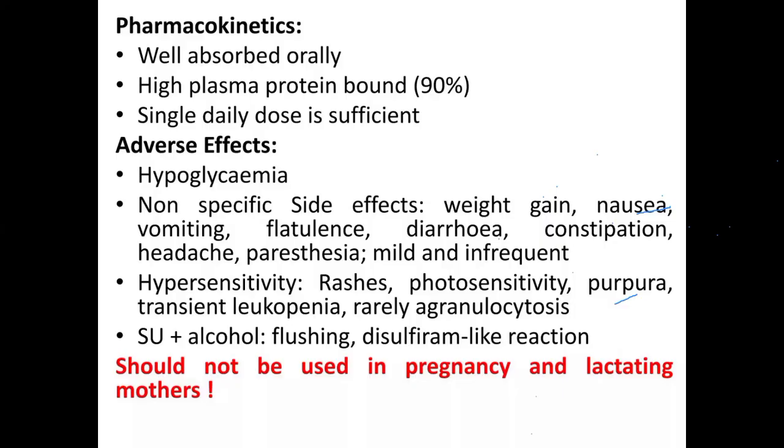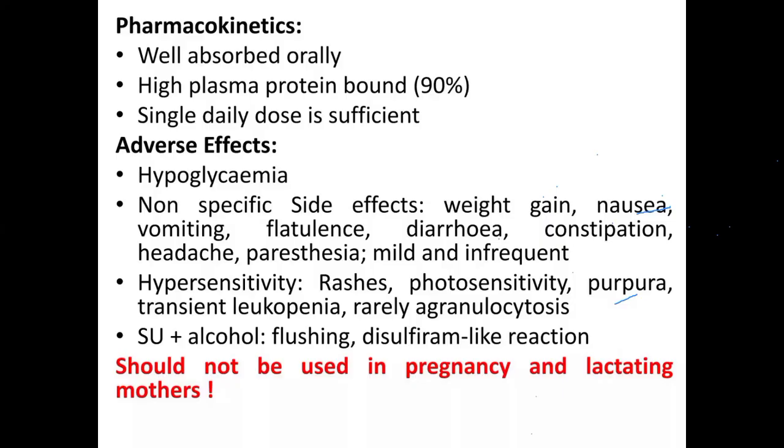Hypoglycemia is the first type of adverse effect. Second is weight gain, nausea, vomiting, and other symptoms. Hypersensitivity reactions can also be seen if taken beyond the therapeutic range. Flushing and disulfiram-like reactions can also be seen. And there is a warning for sulfonylurea prescription: it should not be used in pregnancy and lactating mothers.